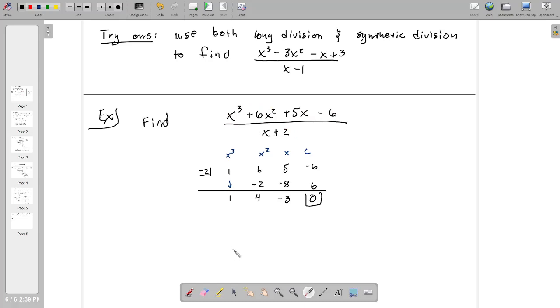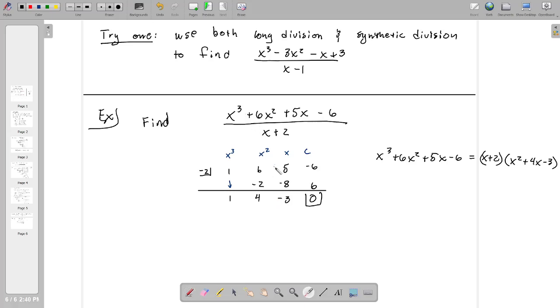right? So I can rewrite x cubed plus 6x squared plus 5x minus 6 as x plus 2 times the polynomial with these coefficients, x squared plus 4x minus 3.